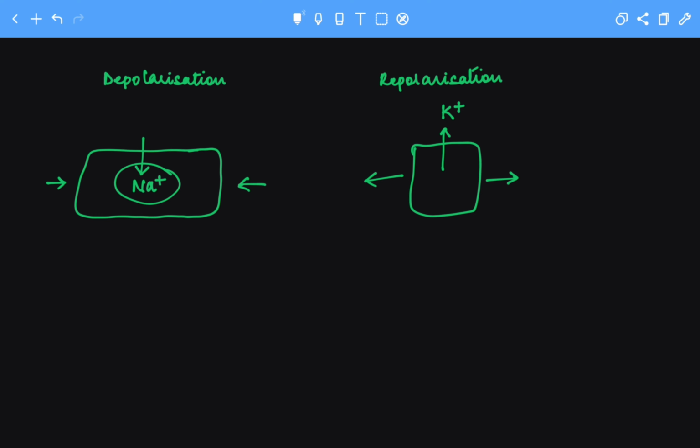Now, let's look at the stages of the electrical activity of the heart. So we have 4 stages of electrical activity of the heart. The first step is atrial depolarization. In this step, the atria will contract. Next, we have atrial repolarization. In this stage, the atria will relax.